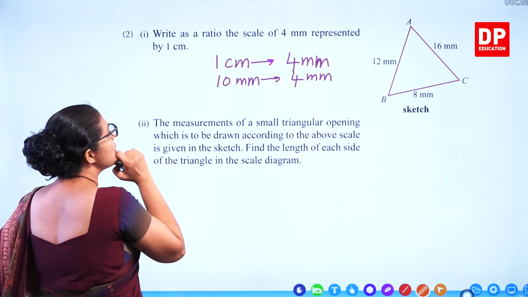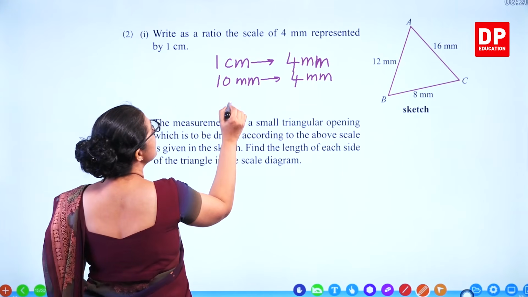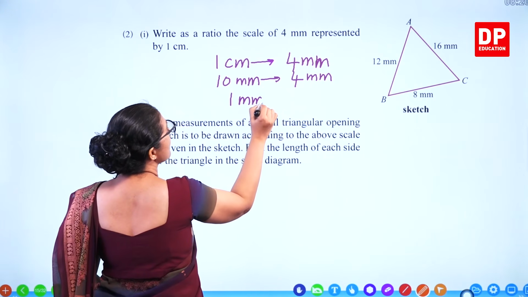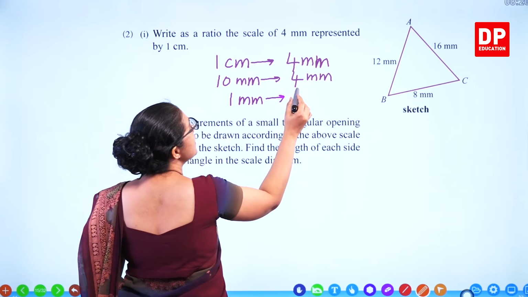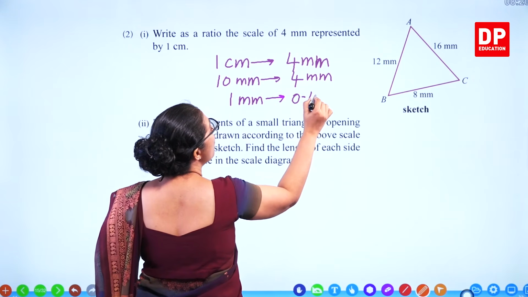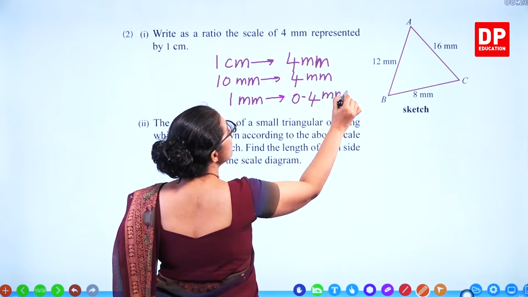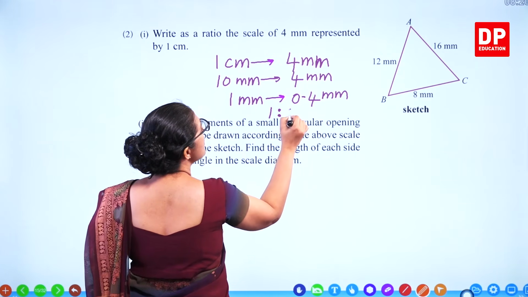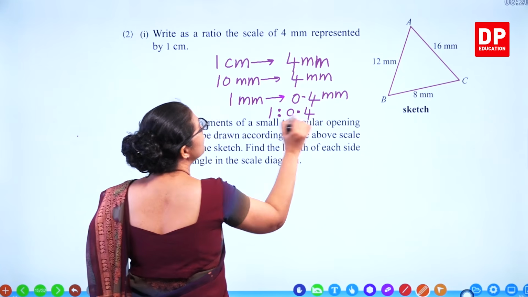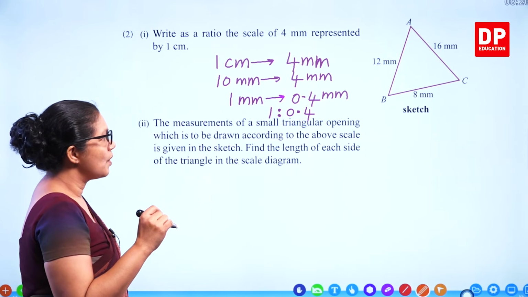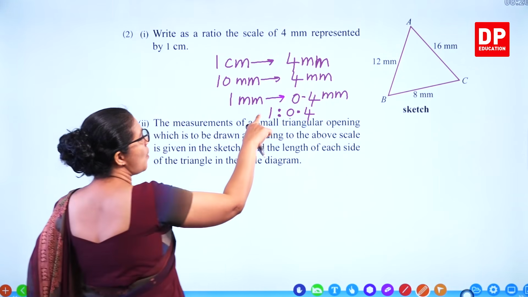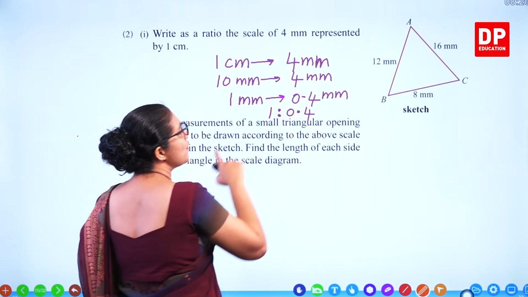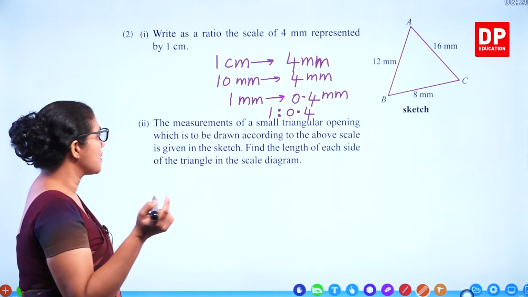So what about 1 millimeter? Divide by 10, 0.4 millimeters. So what's the ratio? 1 to 0.4. So that means 1 centimeter means 0.4 centimeters.